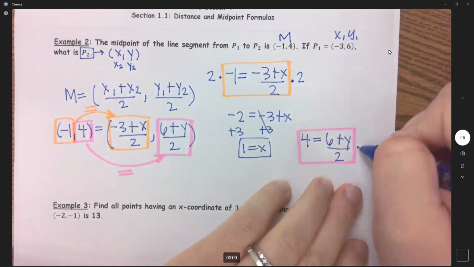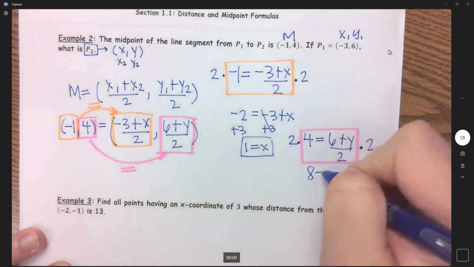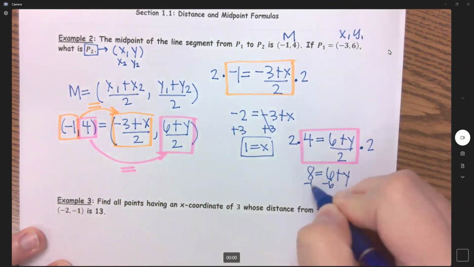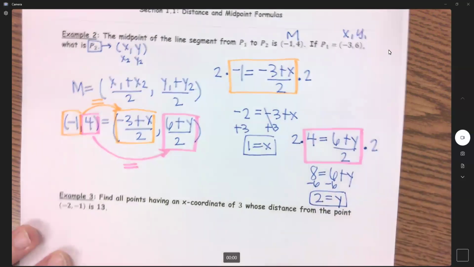So we will multiply by 2 again and get 8 equals 6 plus Y. Subtract our 6, and we've got 2 equals Y.